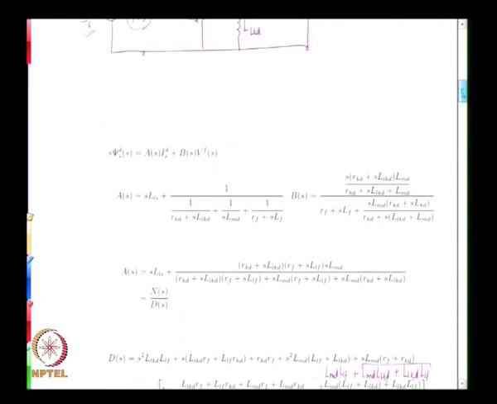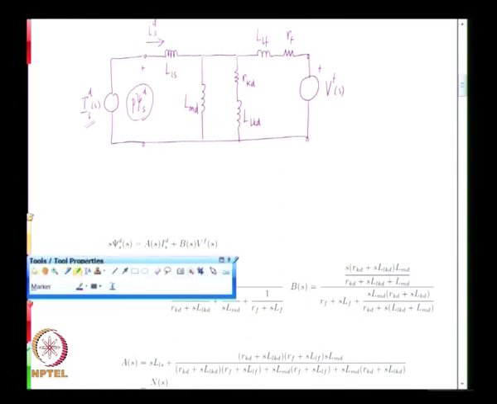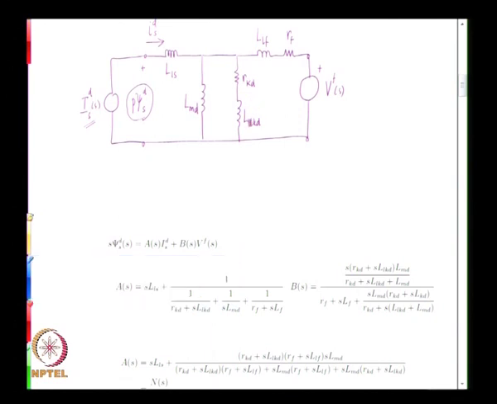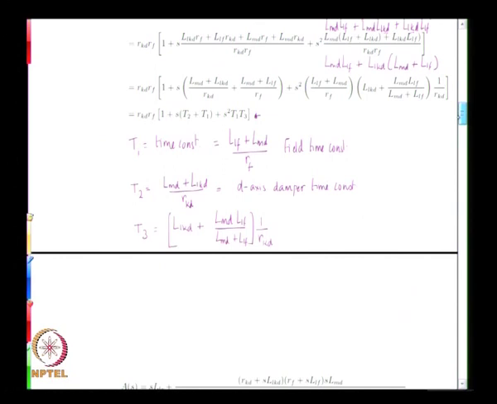Now, if you look at the equivalent circuit here, what we have is LLKD plus LMD LLF by LMD plus LLF, that is what we have here.